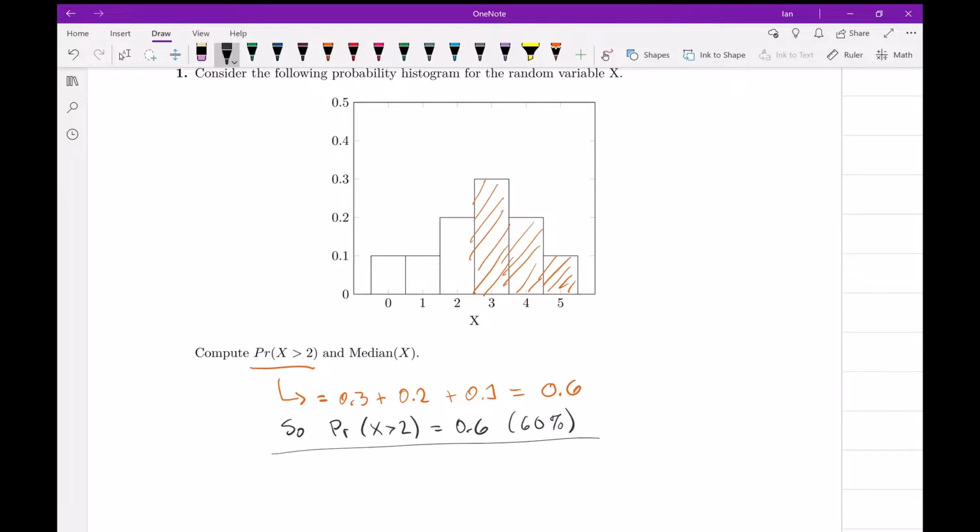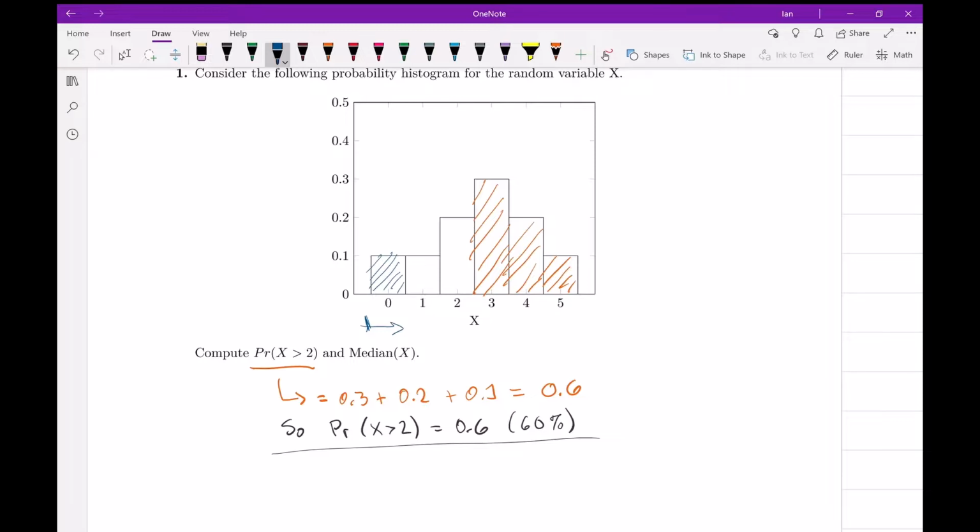So I'm going to go from the left to the right, and I'm just going to add up the values of the rectangles until I get to either exactly 50% or I just pass 50%.